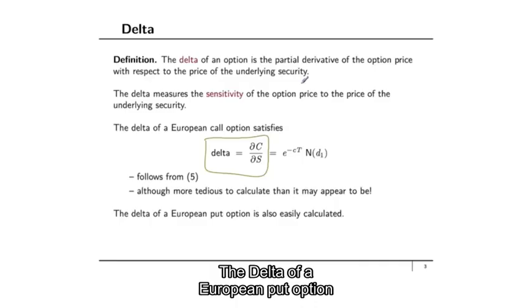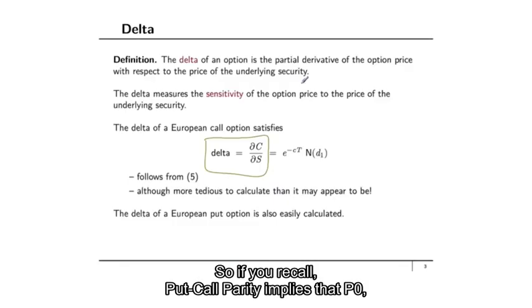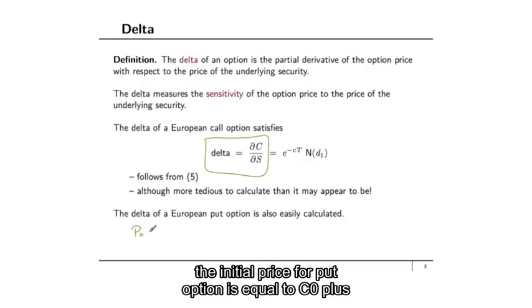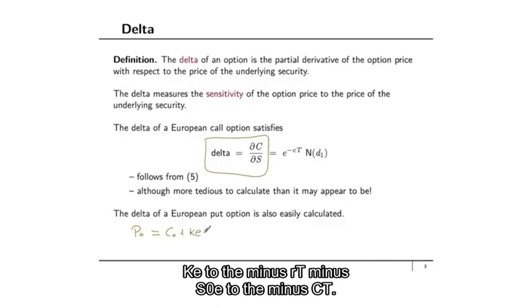The delta of a European put option is also easily calculated. One way to do this is to use put-call parity. So if you recall, put-call parity implies that P0, the initial price for a put option, is equal to C0 plus K e^(-rT) minus S0 e^(-cT).